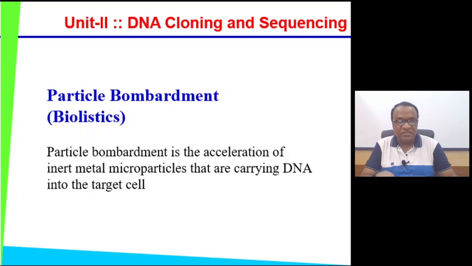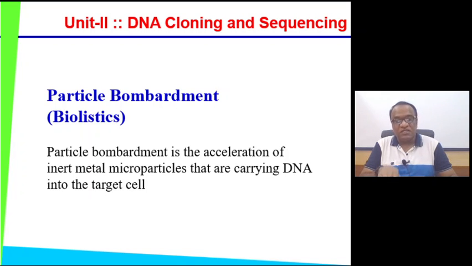So the barrier in this case is the cell wall and the plasma membrane. Particle bombardment is about the acceleration of inert metal microparticles that are carrying DNA into the target cell.